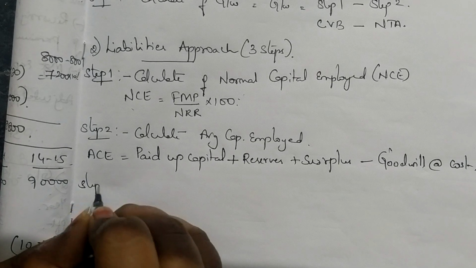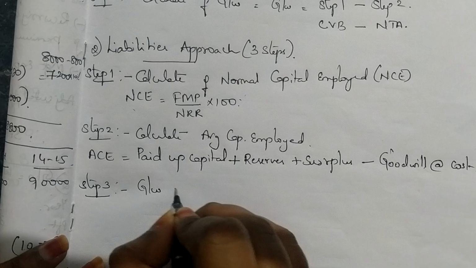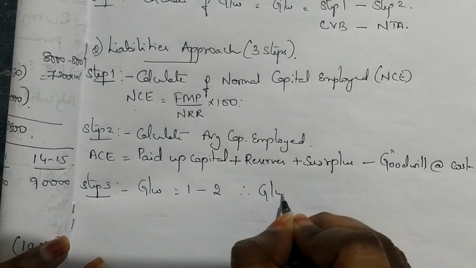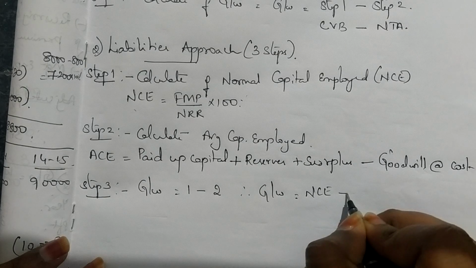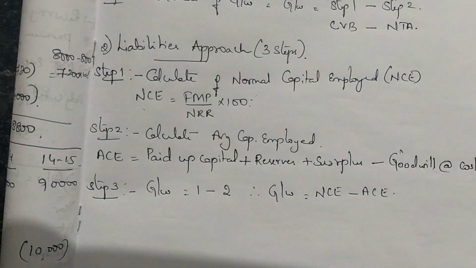Step 3 is the same. We calculate goodwill, which is step 1 minus step 2. Therefore, your goodwill is normal capital employed minus average capital employed.